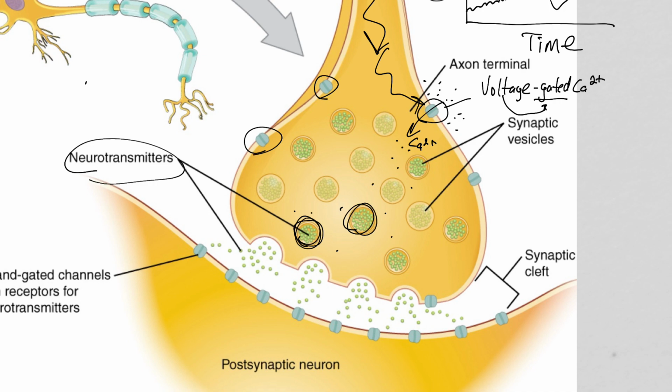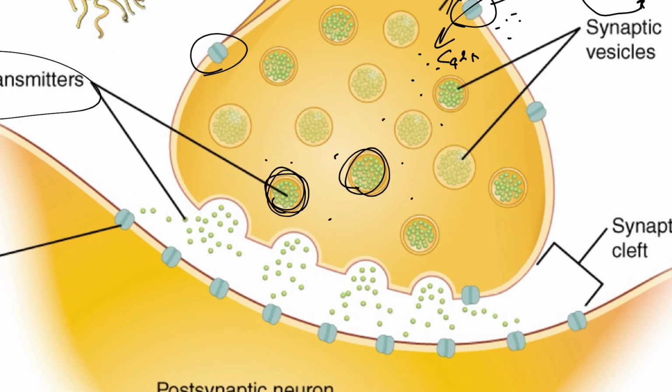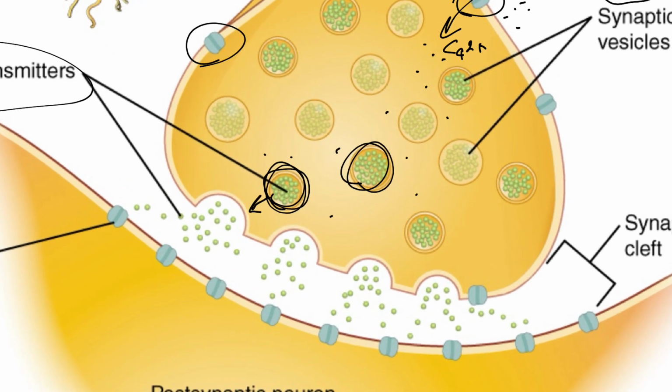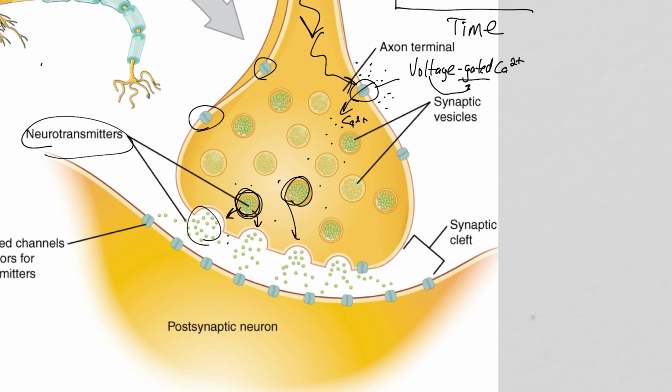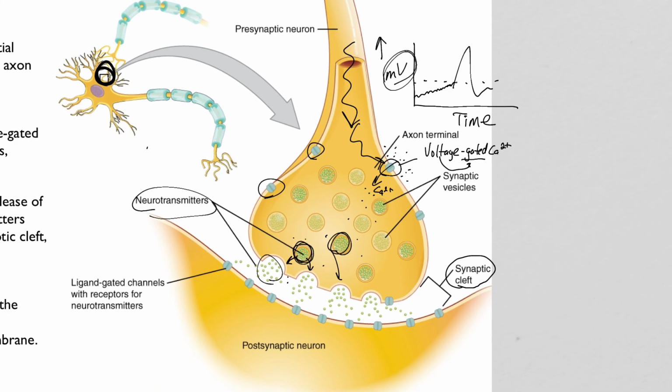So when calcium enters the axon terminal, you expect those vesicles to fuse with the membrane of the axon terminal and spill their neurotransmitters out into the synaptic cleft, right? That term synaptic cleft really just means the very, very tiny space in between the two neurons. Remember, we call this the presynaptic neuron because it's sending information into the synapse, and this is the postsynaptic neuron because it's on the receiving end of the synapse.